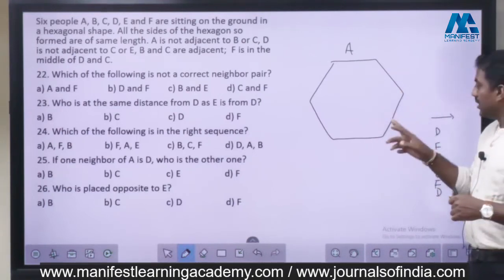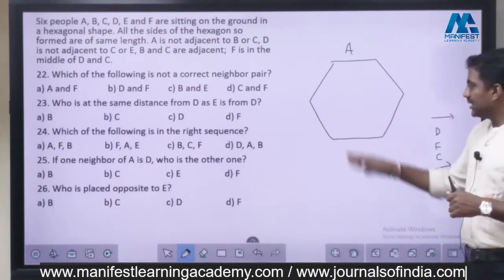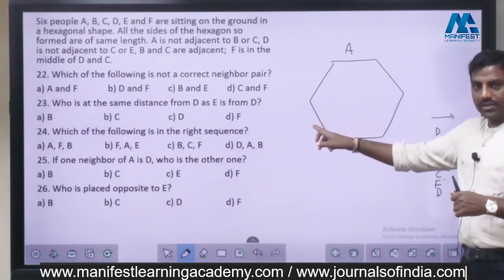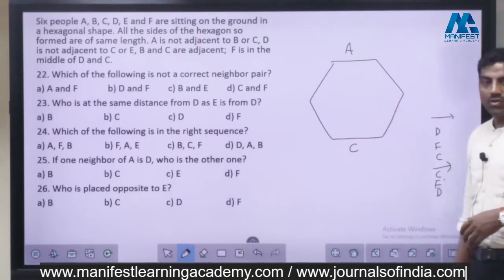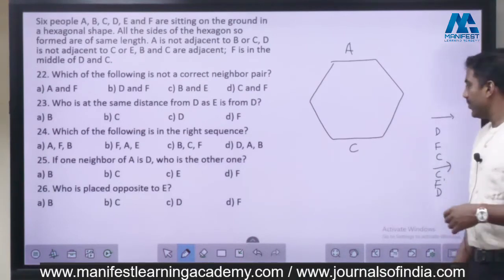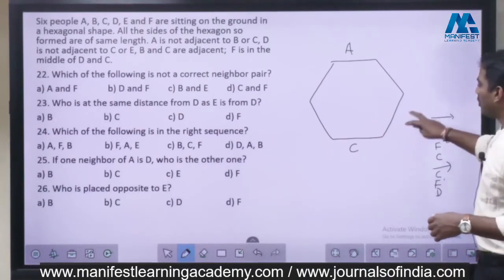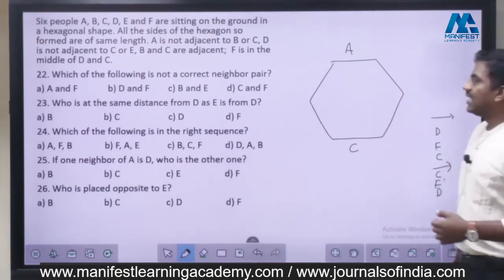Then C, F, D is also a possibility here. In this case, I cannot put C here. So C has to come here only. Then we'll see later whether to put F, D here or F, D here. Read the next sentence again.